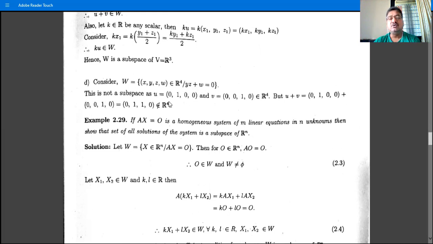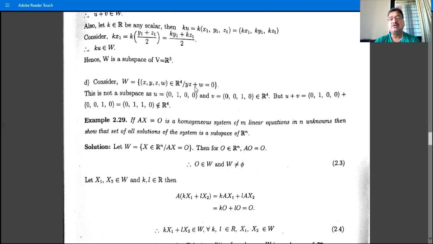So take u bar as (0, 1, 0, 0). This is an element of W. Why? Because this element satisfies the condition that y into z, 1 into 0, is 0, plus w, which is 0, equals 0.